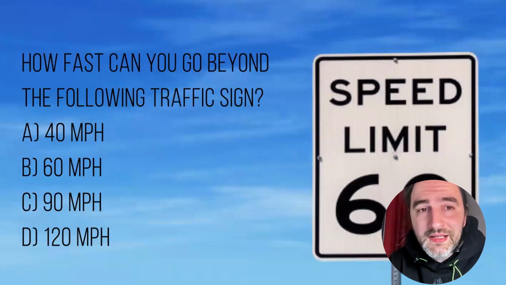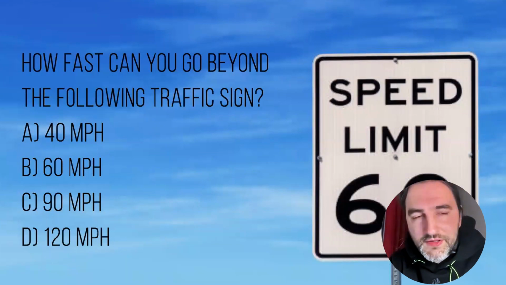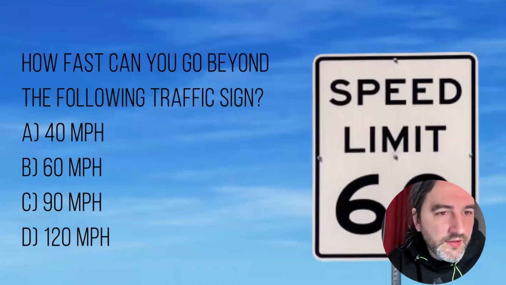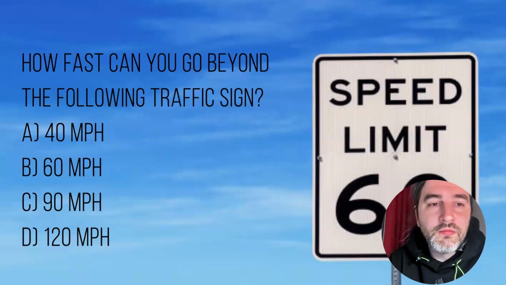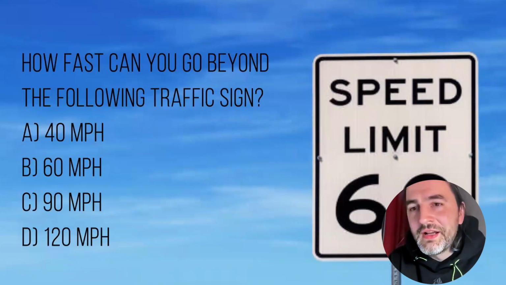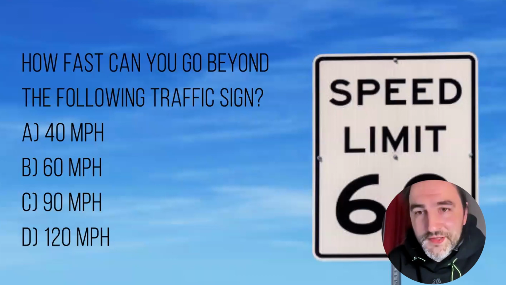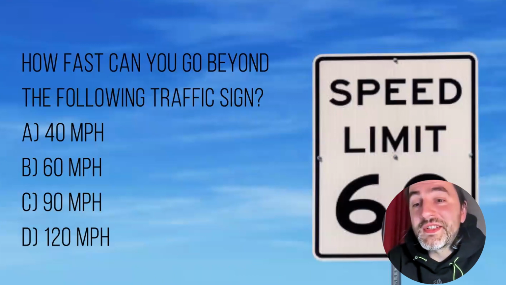But yes, A and B are both correct. What the guys who asked me this question on an exam wanted to hear from me, because it's a single choice question, was B, 60. Although A is obviously a correct answer, you can go 40 miles an hour in a 60 miles an hour zone, and I was so annoyed.